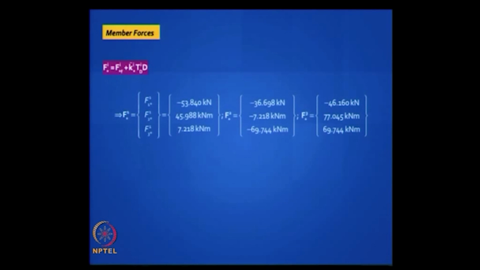Now this is where there is a slight difference from the previous method. What's the difference? You have only 3 degrees of freedom. In the conventional stiffness method you got everything, you got the member end moments, member end axial forces, member end shear forces. Now you got only 3, the rest you got to figure out yourself, which is okay.